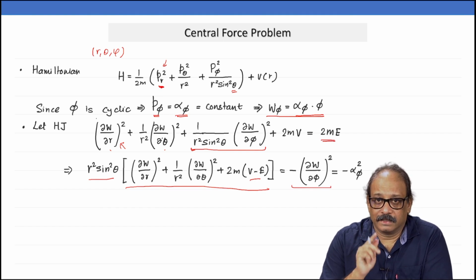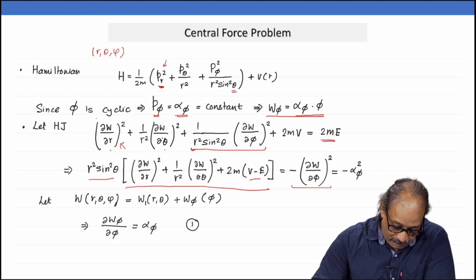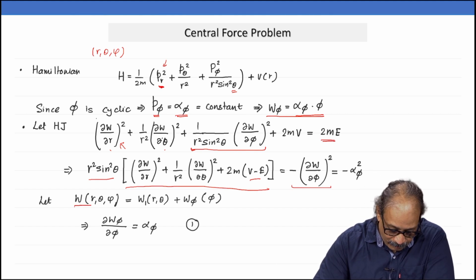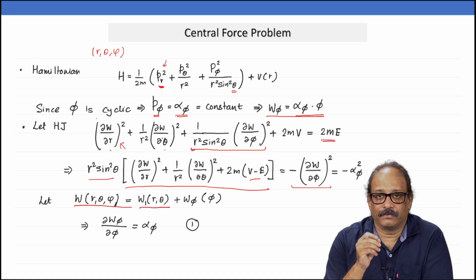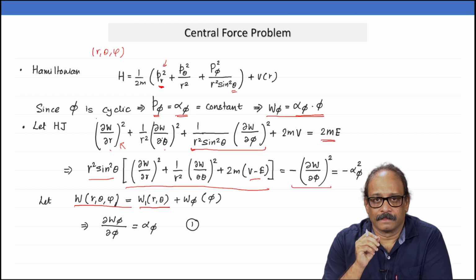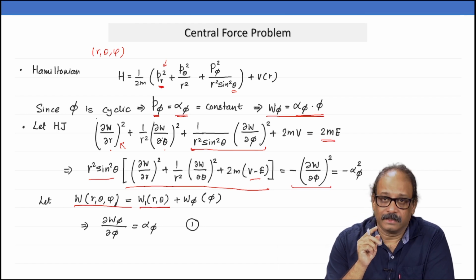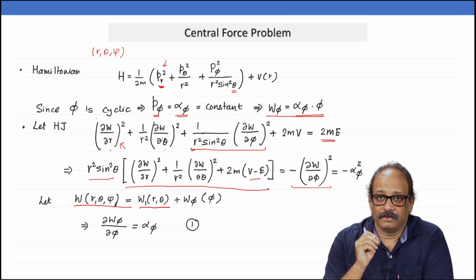And at this point I will put in the ansatz. The ansatz is, I will write W, which is a function of r, theta, phi, as two pieces. One is W1 which depends on r and theta, and W phi which depends on only phi.